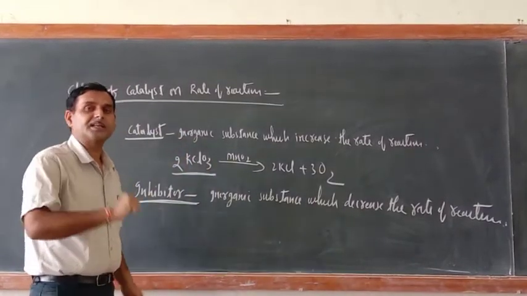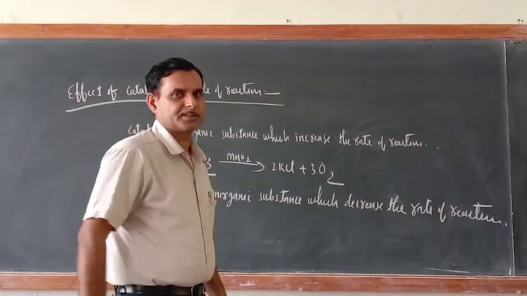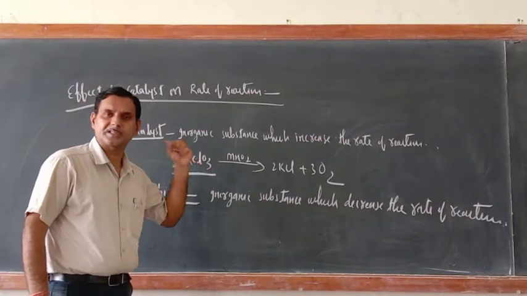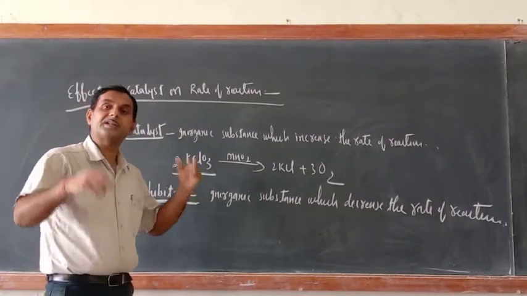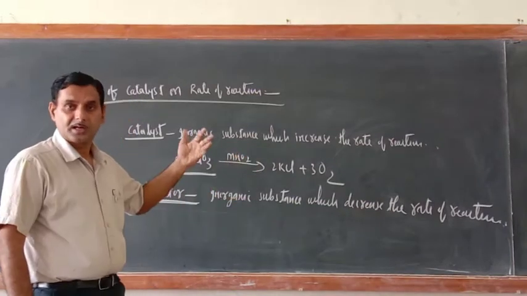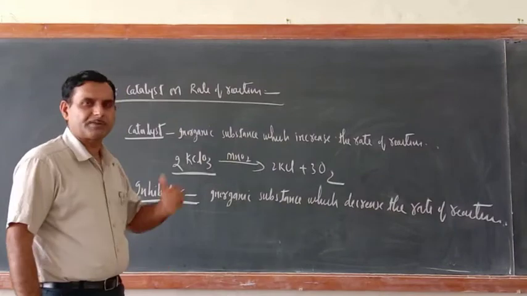But the question arises here: how does a catalyst increase the rate of reaction? That is the question. Different theories have been proposed to explain the role of catalyst in increasing the rate of reaction.